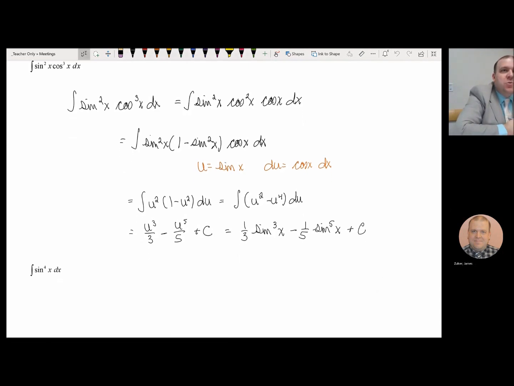But what about sine to the fourth? You could use the sine reduction formula that was derived, right? That was derived using integration by parts. But you do not need integration by parts here.